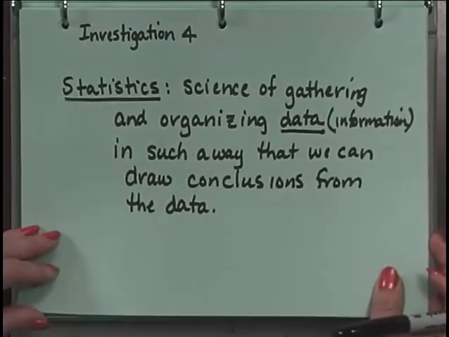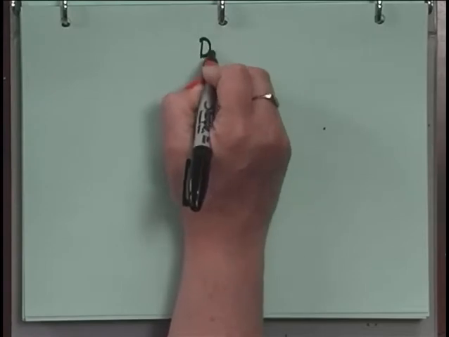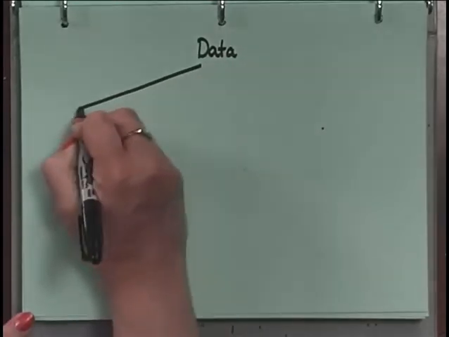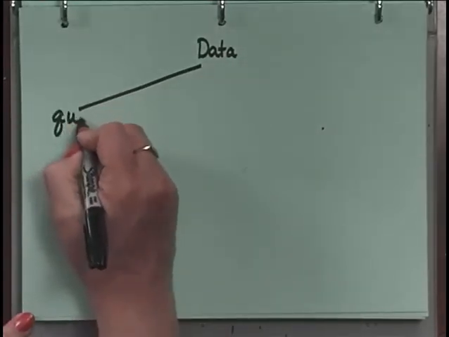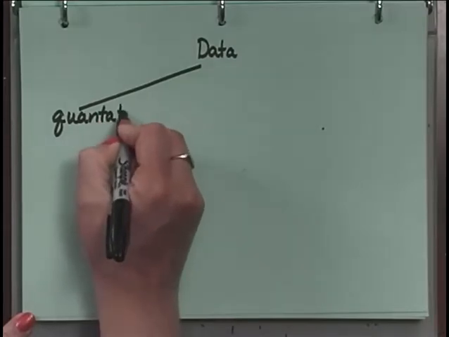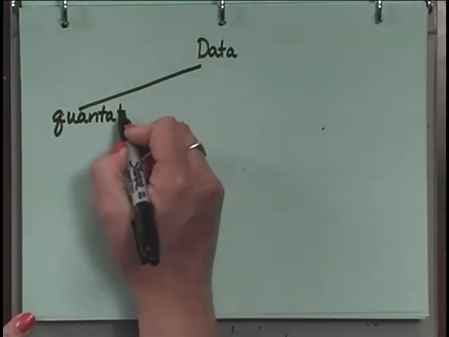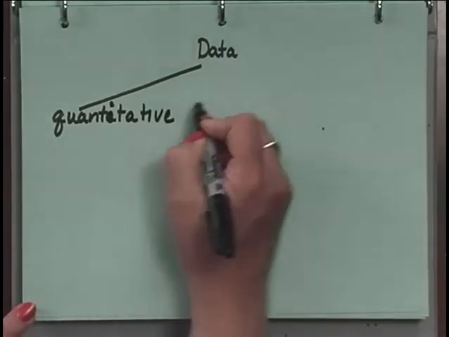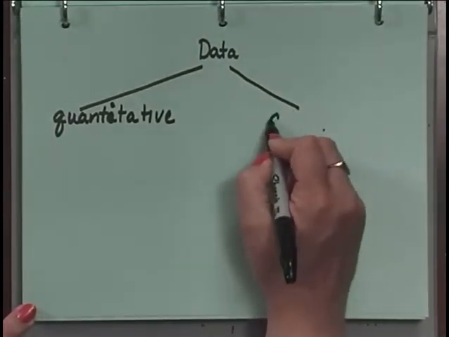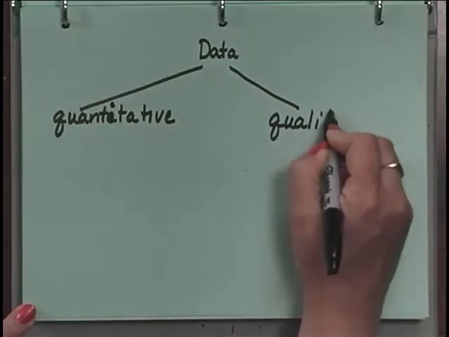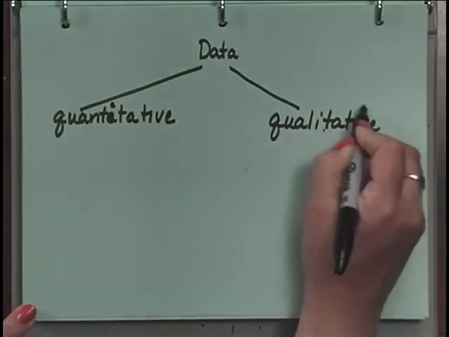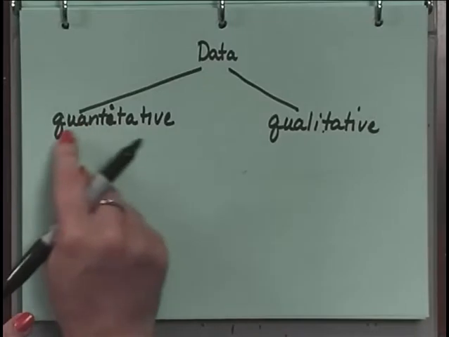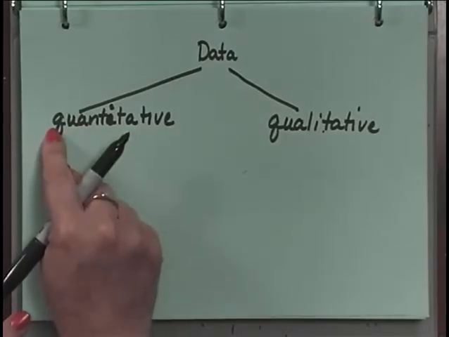Now, when you have data, data can come in one of two forms. Data will either be what we call quantitative data. So quantitative, I was about to misspell that. That should be an I. Or data can be qualitative. Now, the word quantitative comes from our word for quantity, and quantity indicates amounts.